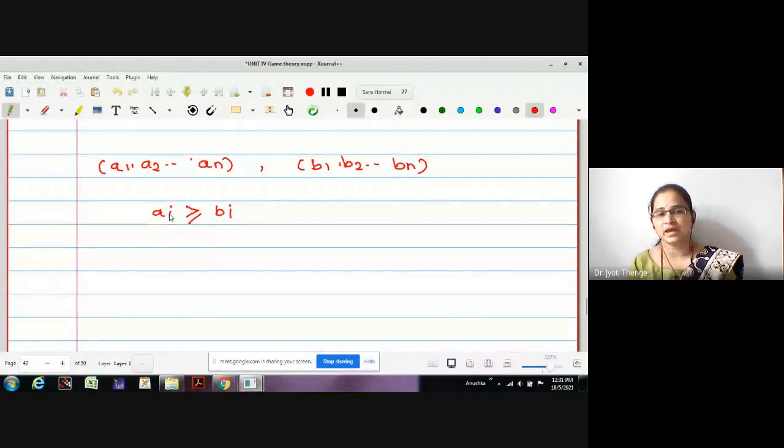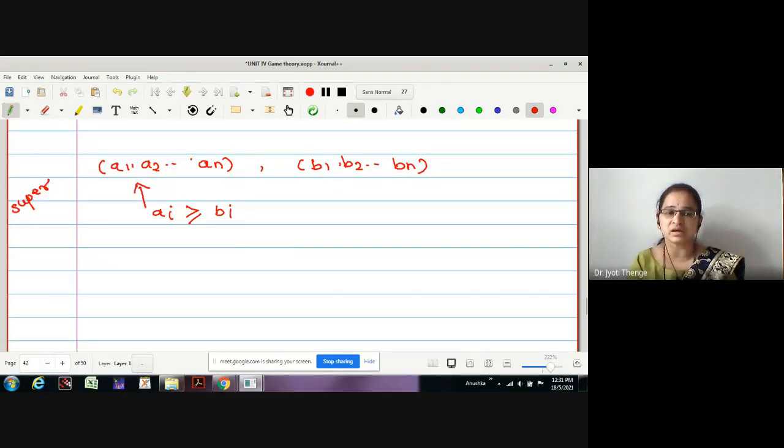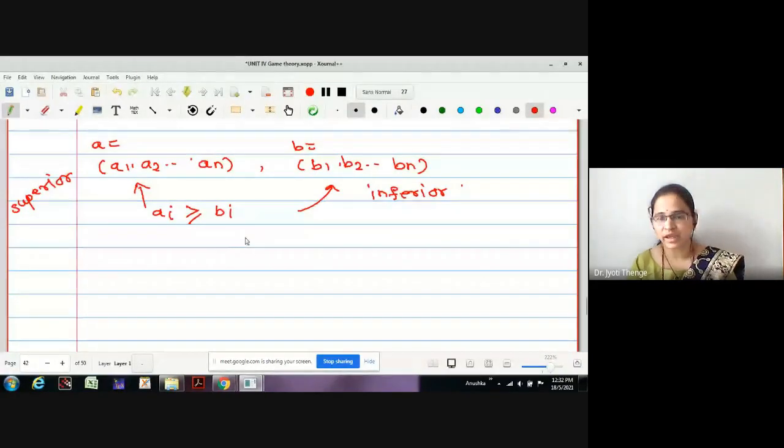If every coordinate Ai of vector A is greater than or equal to the corresponding coordinate Bi of vector B, then we say strategy A is superior to strategy B, or vector B is inferior to strategy A. Are you getting me?